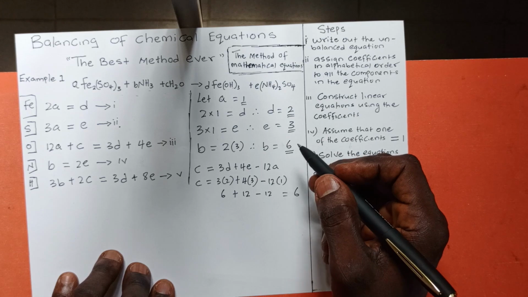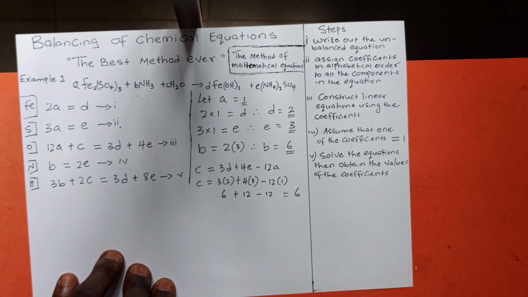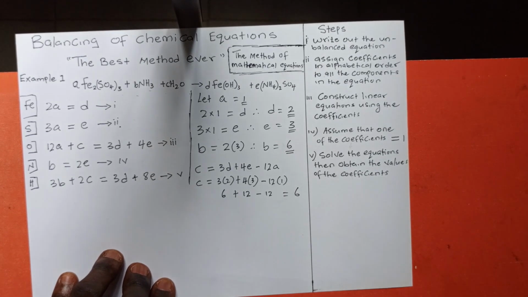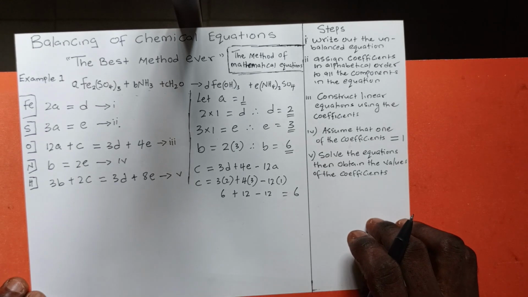So these are my coefficients. So I have that my A is equal to 1, my B is equal to 6, my C is equal to 6, my D is equal to 2, and my E is equal to 3. So putting these coefficients back into the equation makes the equation balanced.